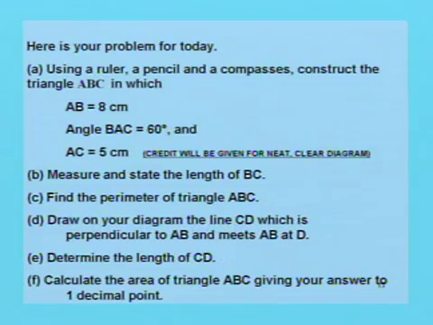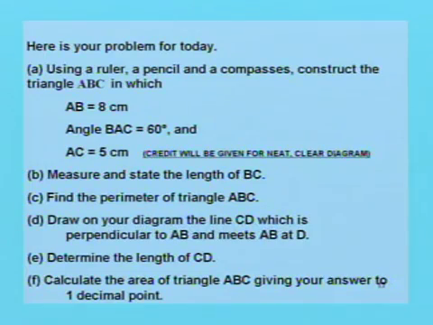And notice the examiner's guide here. Credit will be given for neat and clear diagram. Part B. Measure and state the length of BC. Part C. Find the perimeter of triangle ABC.